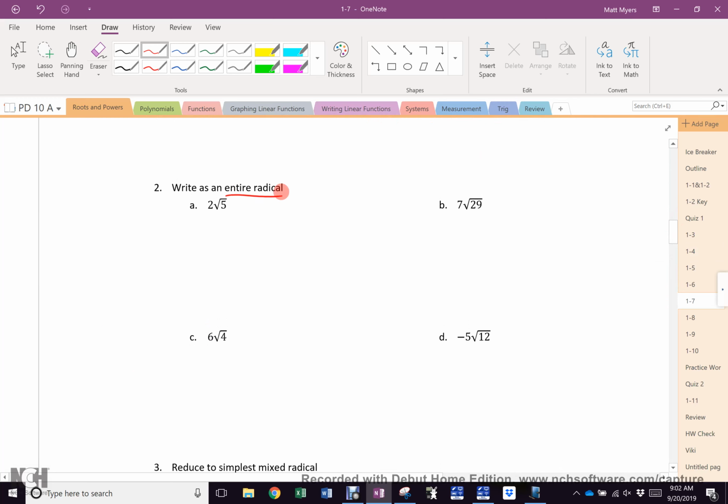Right, that is an entire radical. So I'm going back the other way. So we think to ourselves, self, 2 root 5. If there is a single 2 out there, how many 2's are under there?